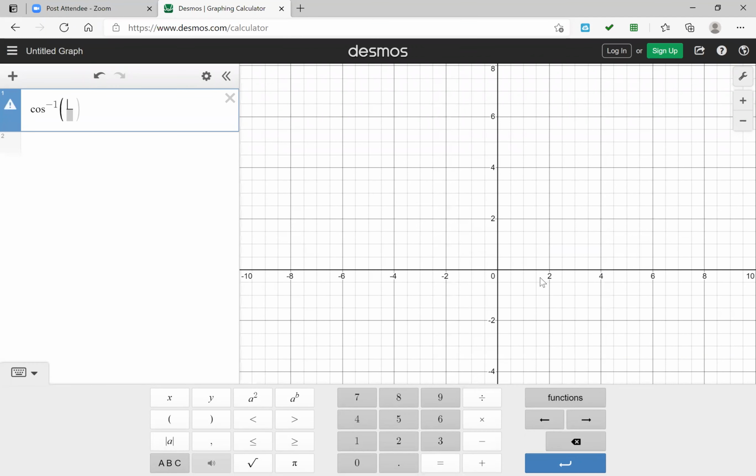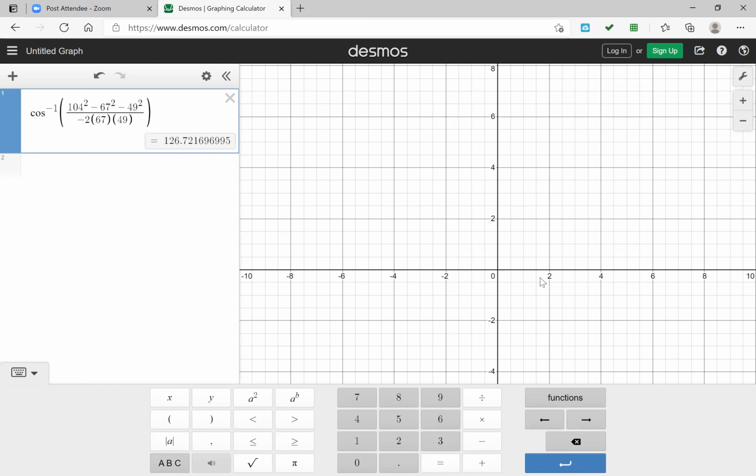Create my fraction there. So it's 104 squared minus 67 squared minus 49 squared all over negative 2 times those two factors, 67 times 49. And that's giving me a measure of angle B here of 126.